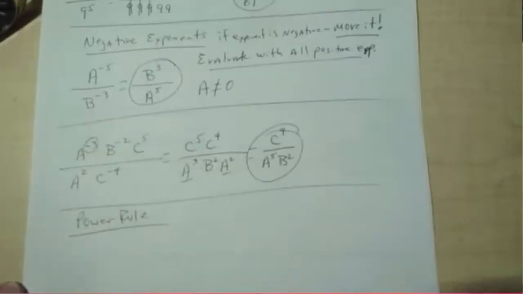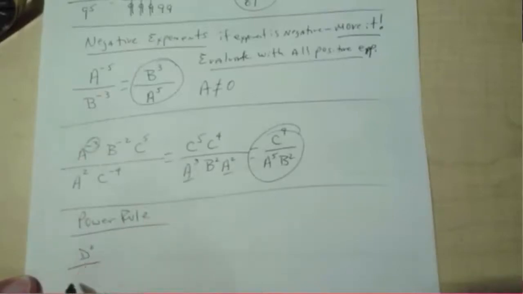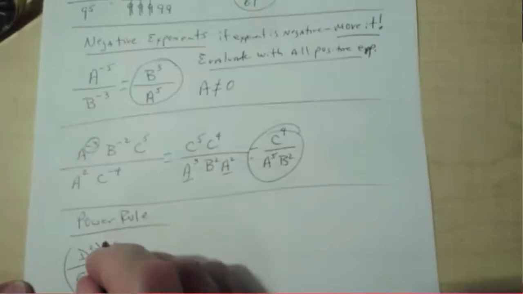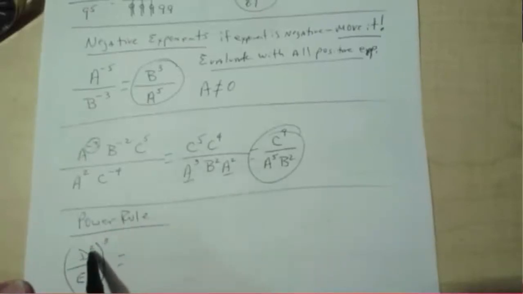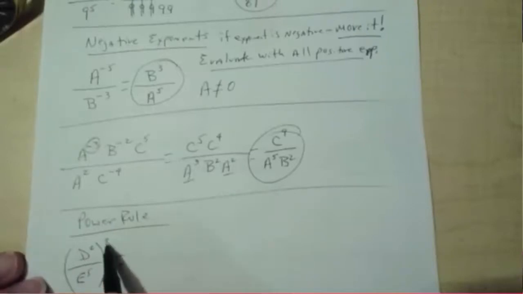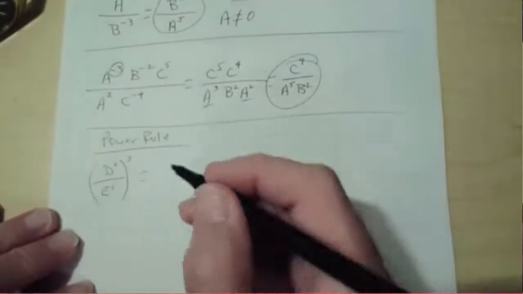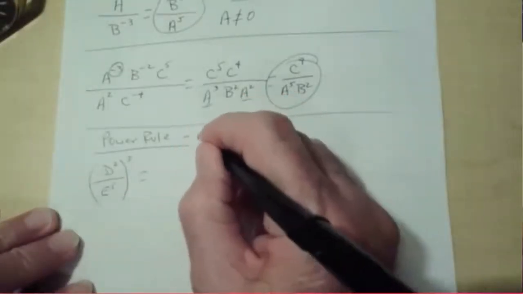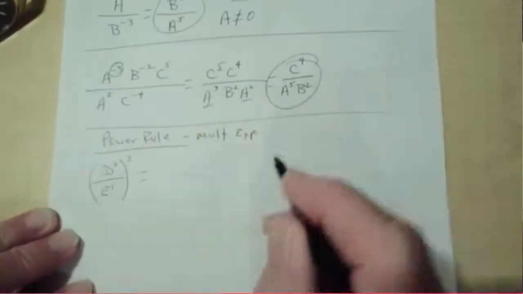If you have d squared over e to the 5th, raised to the 3rd power. Now, when you have a power raised to a power, you multiply the exponents.